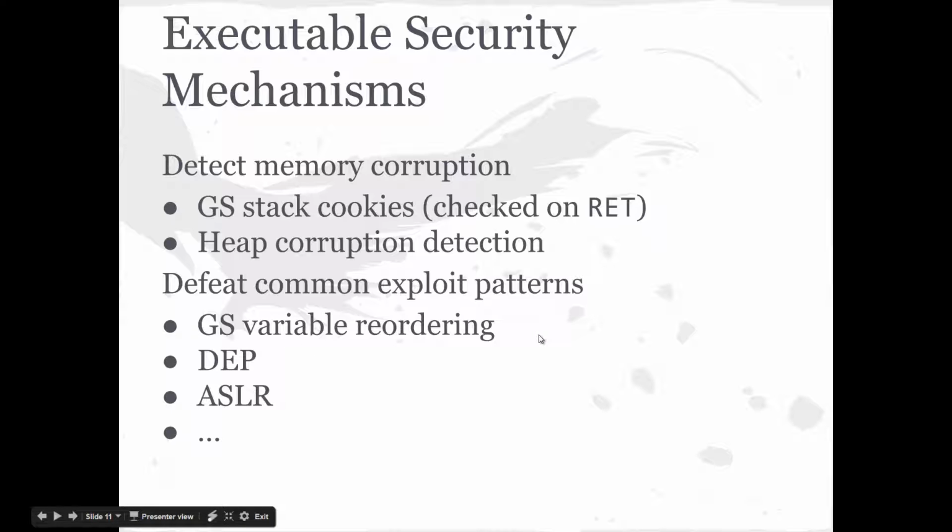There's also variable reordering to combat limited memory corruption bugs, where you can only overwrite, say, 4 bytes on the stack and can't overwrite the return address, but you can overwrite nearby variables. This, in a sense, mitigates the exploitation in some cases by making it less predictable.